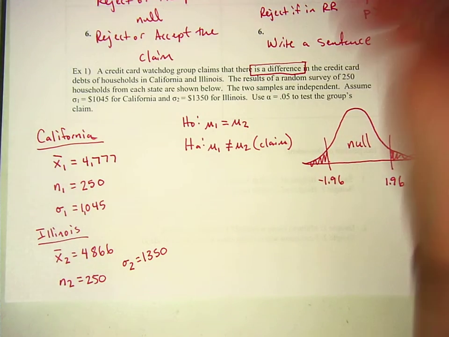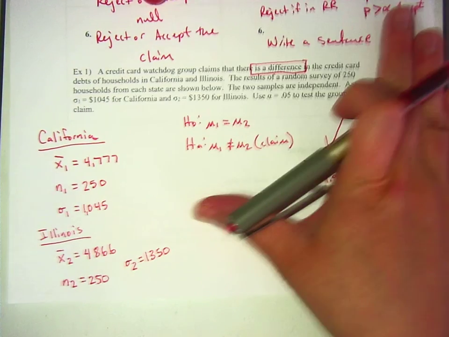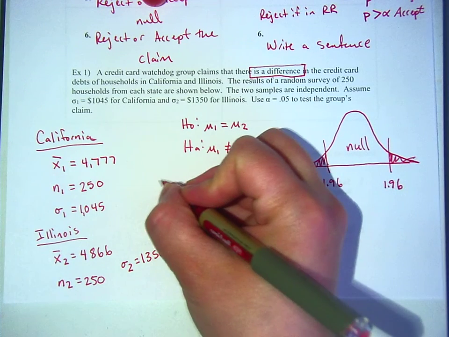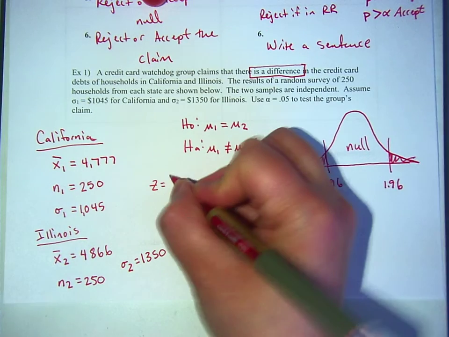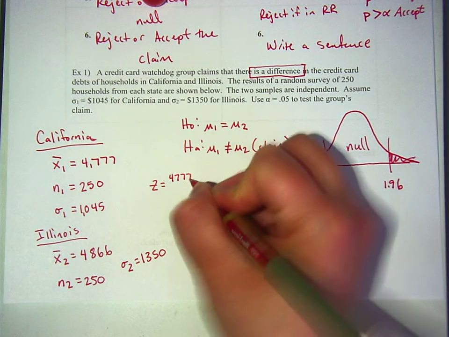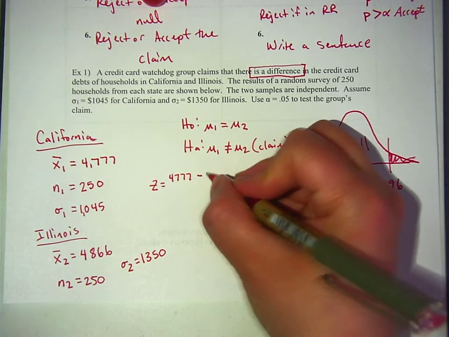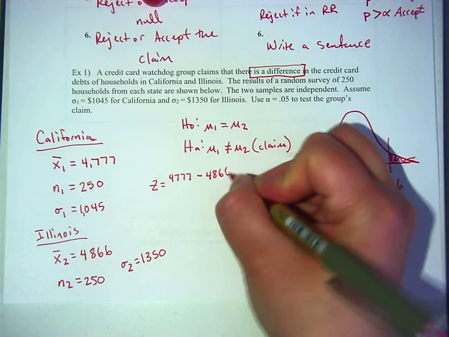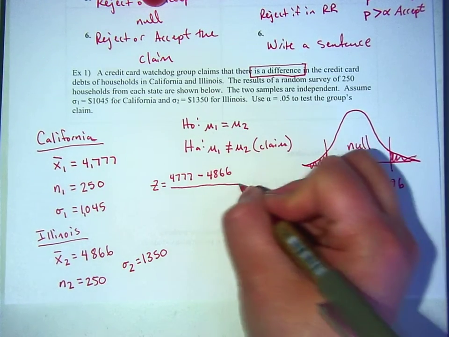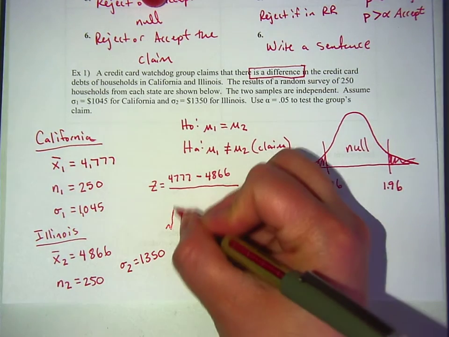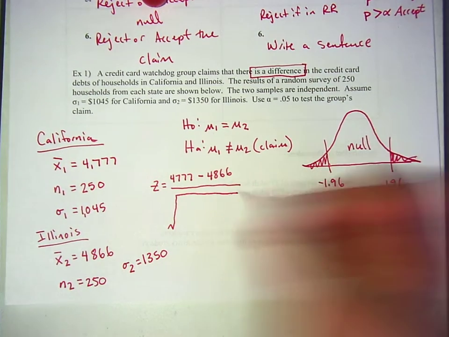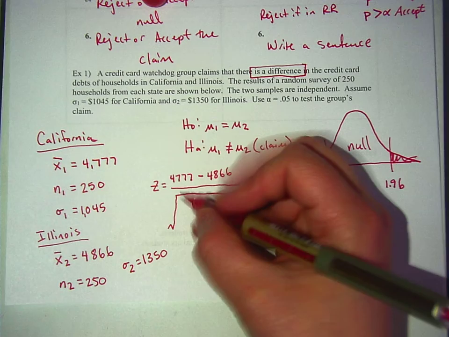All right, now we got to do this big mess. So z equals x bar 1 minus x bar 2 divided by big square root sigma squared.